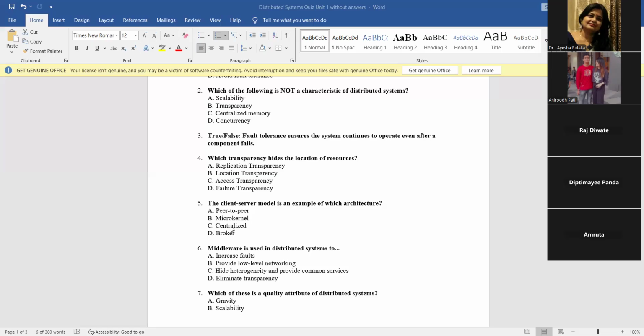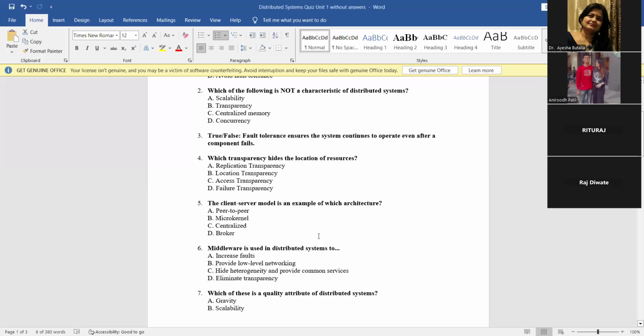Okay. Now we had to discuss microkernel. If anybody can let me know what is microkernel. Yes. Can somebody repeat? What is microkernel? Ma'am, it's an operating system that provides only essential functions.